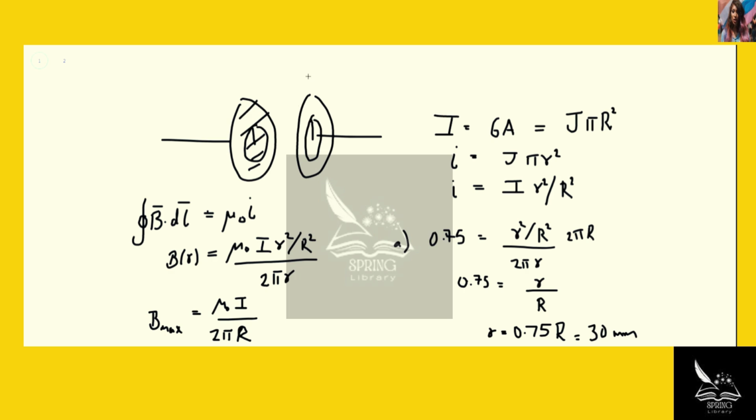If I make a radius somewhere outside, which is what we need to calculate now, the current enclosed within this loop is still going to be the same. It's not going to change. So this value is going to be I, the maximum current which can actually flow. We can make further and further loops, but the plate size and the overall current are still the same.